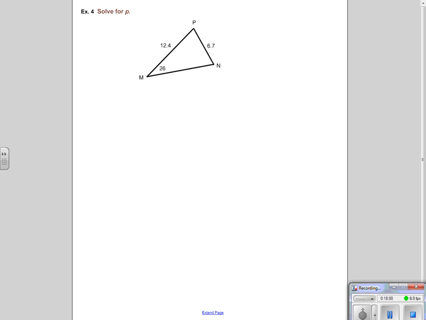For the next one, I have a triangle where I have an angle and two sides, and that angle is not between the two sides, so I need to consider the ambiguous case. I am going to compare 6.7 to 12.4 times sine 26. So from the slide where we were looking at the ambiguous case, I'm comparing little side m to n sine m. If it is exactly equal, I have a right angle triangle, one solution.